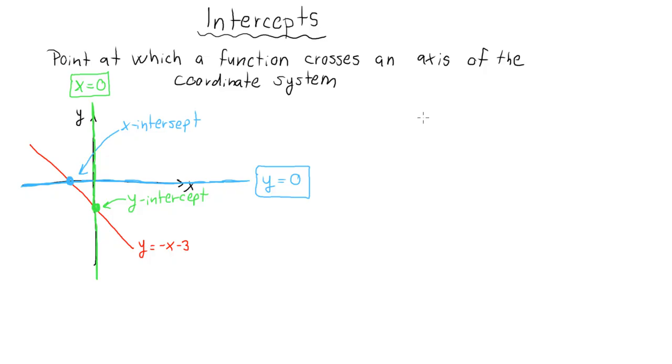I would start with the y-intercept because it's oftentimes much easier. So y-intercept. The rule that we will use, which is always applicable, is that we're essentially plugging in the x value of 0. We're just plugging in 0 because we know that x equals 0.